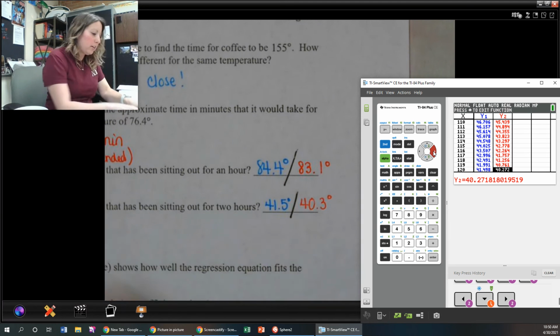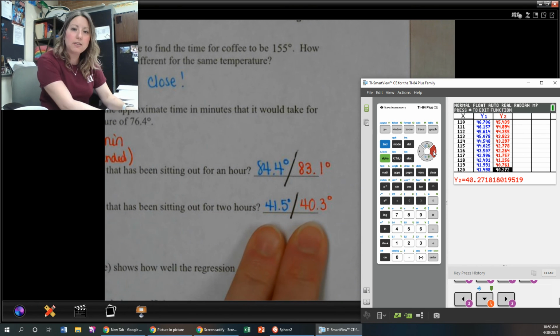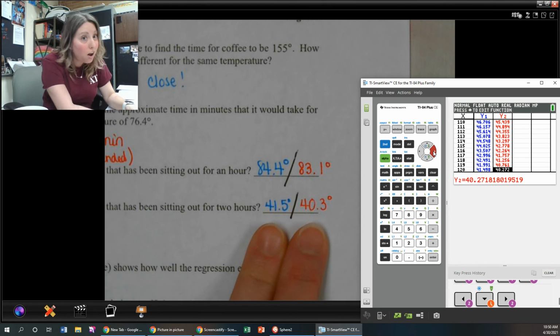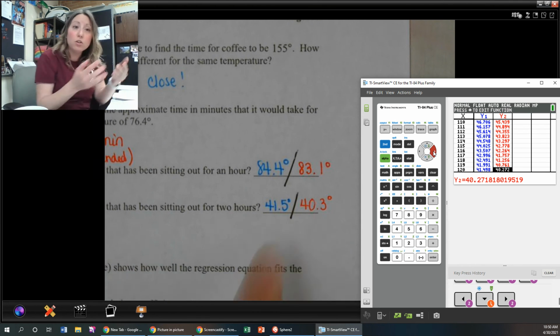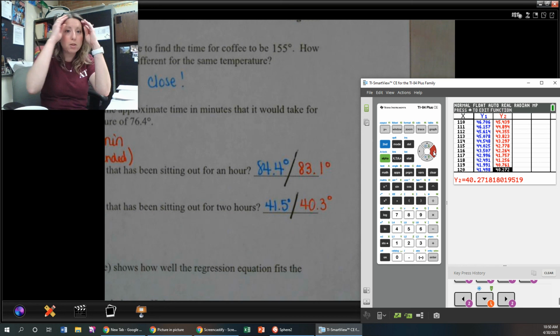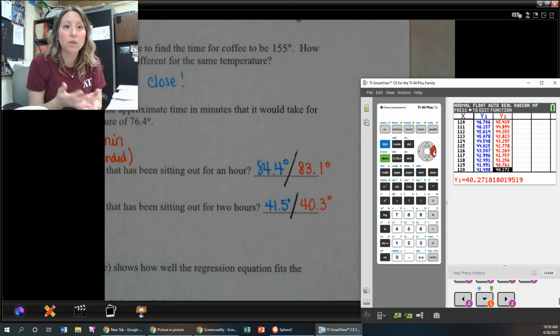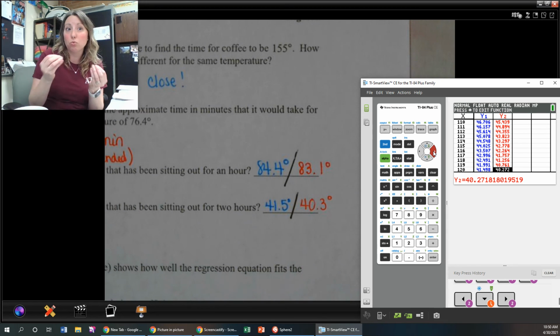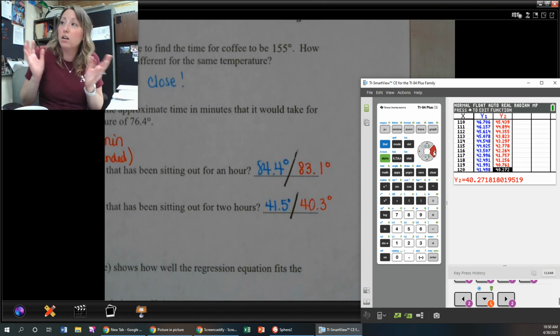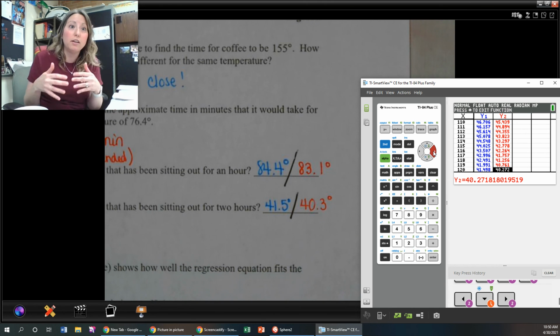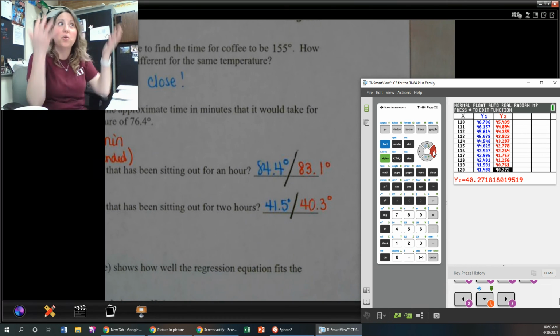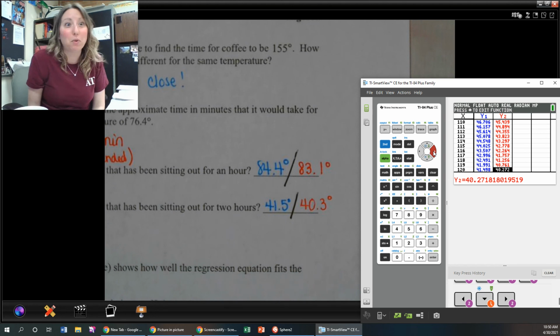Now, let me ask you, realistically, is that going to happen? Your room is not going to go to 40 degrees. Is your coffee really going to go that far? No. So there is kind of a time limit as to when your regression equation is realistic. Your room is not going to go to 40 degrees, so your coffee is not going to end up going to 40 degrees, unless, of course, you're a cheapskate and you just have your heat off in general.